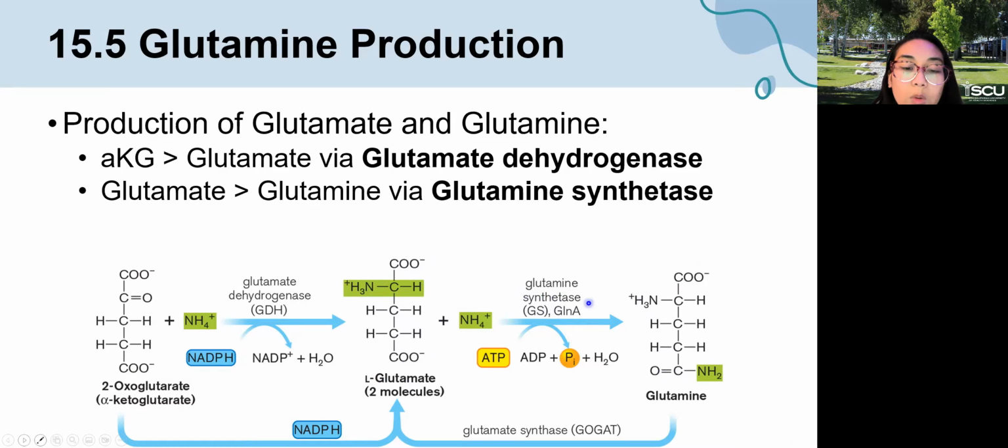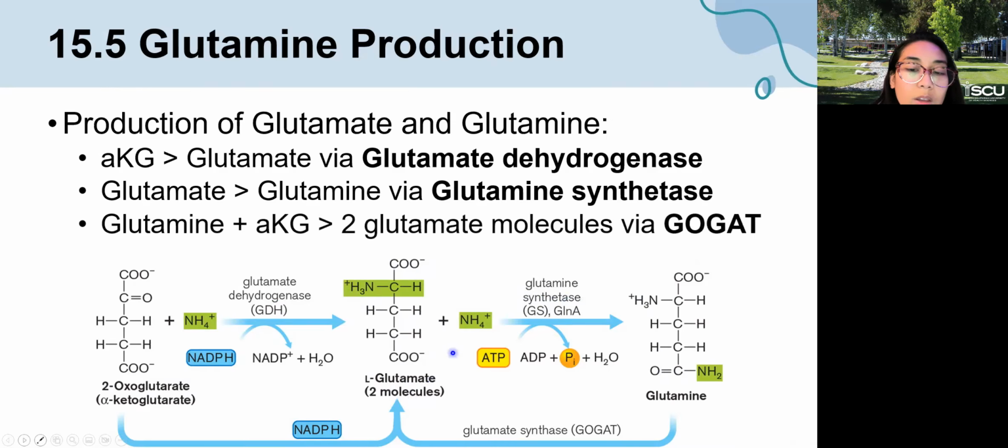Or let's say that we really want to make more glutamate for some reason. There's another pathway. You can get alpha-ketoglutarate and glutamine, so both of these molecules, and you can combine both of them to make two molecules of glutamate. That's why it has a two here, because this plus this can also make more glutamate, which is super weird.